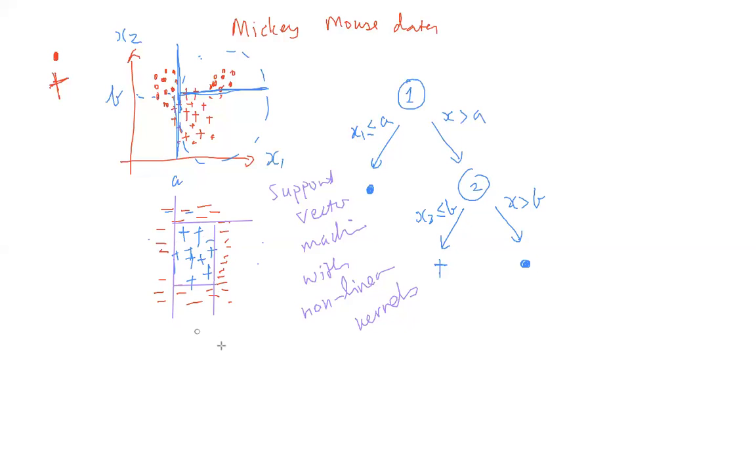Okay, so then the model will have some nodes like this. This first split here, and then the second node is this split. Then the third node is this split.